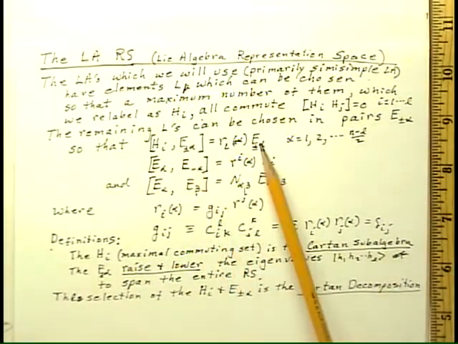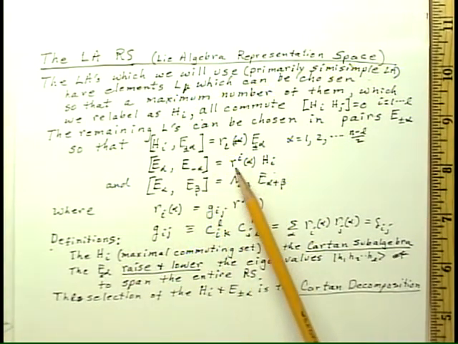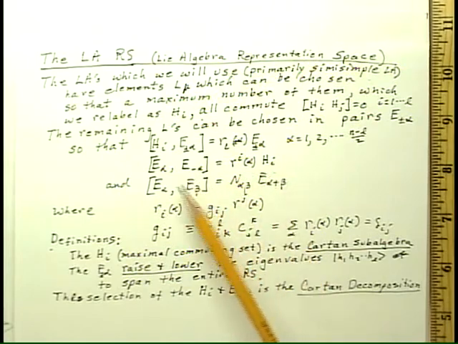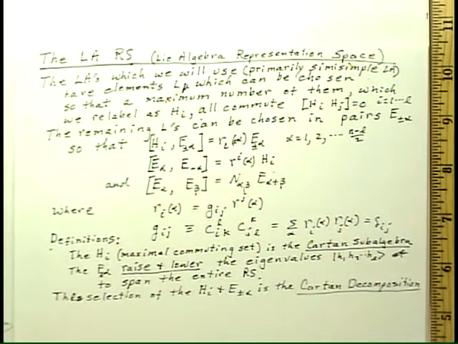The H's with the E's give us E's. The E's with a conjugate E give us an H, and an E with another E gives us an E with the sum of the two values.